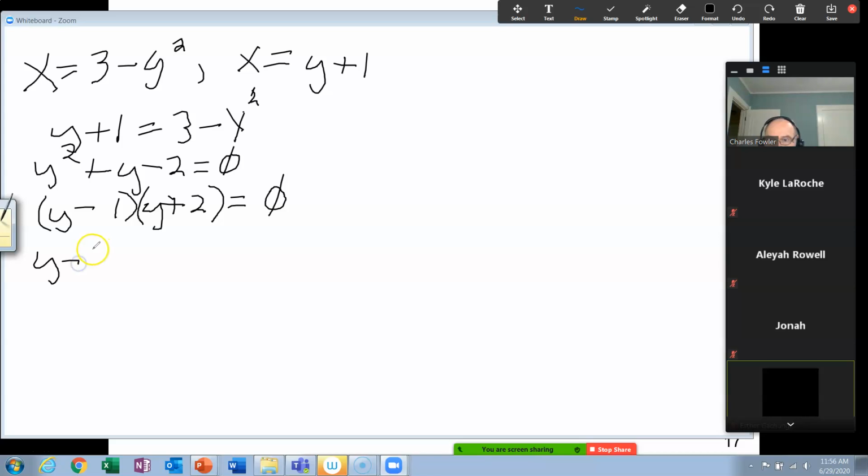We say either y minus 1 is equal to 0, or y plus 2 is equal to 0. One of those two. This first one, what would you do to solve that equation?